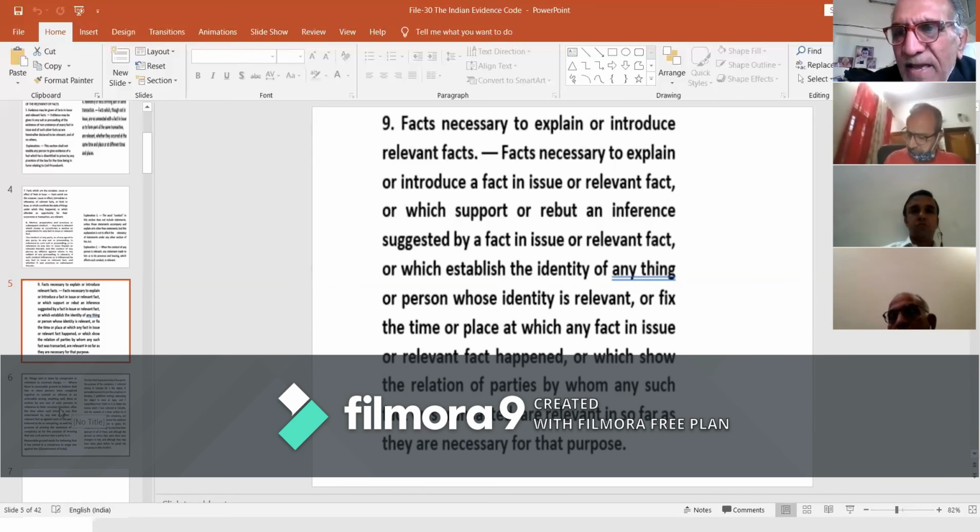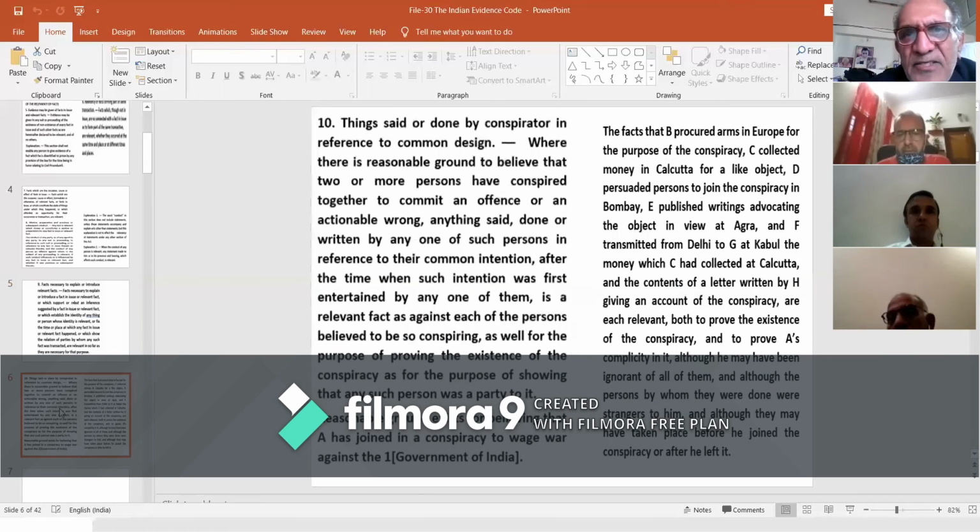And it is in this background that when we go to Section 10 of the Indian Evidence Act, it is with respect to conspiracies, and with respect to things said or done by a conspirator in reference to a common design. We know design is a mental state.